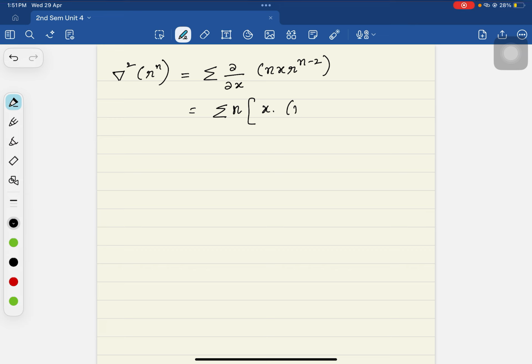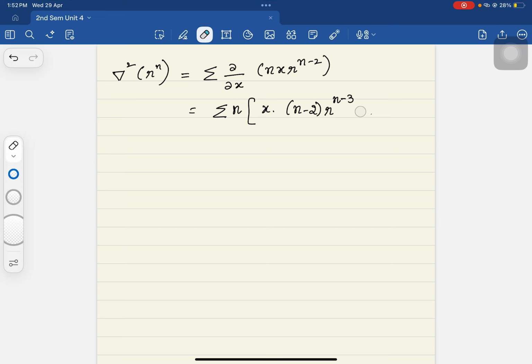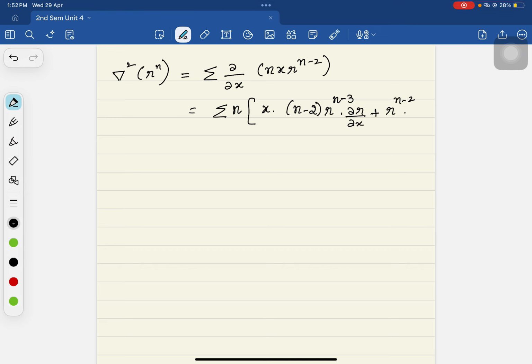When I differentiate r power n minus 2, it becomes n minus 2 into r power n minus 3, into dou r by dou x, plus r power n minus 2 times the derivative of x, which is 1. So we are using the product rule here. That is sigma n times x into n minus 2 times r power n minus 3 times dou r by dou x, which is x by r, plus r power n minus 2, right?